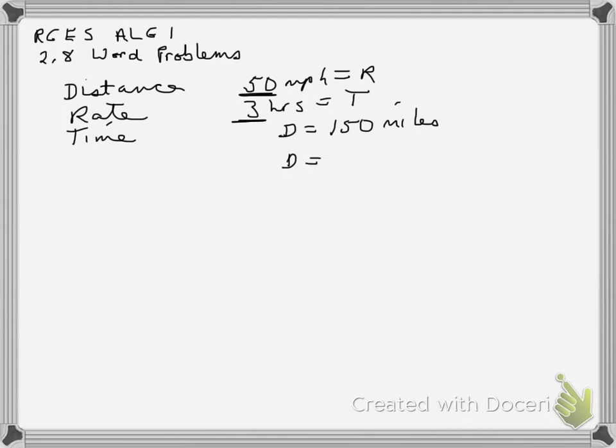So distance equals rate times time. I can always create that formula if I understand by going back to a simple process. So you could either memorize it, distance equals rate times time, or you can mentally think about it, and you should be able to get it.